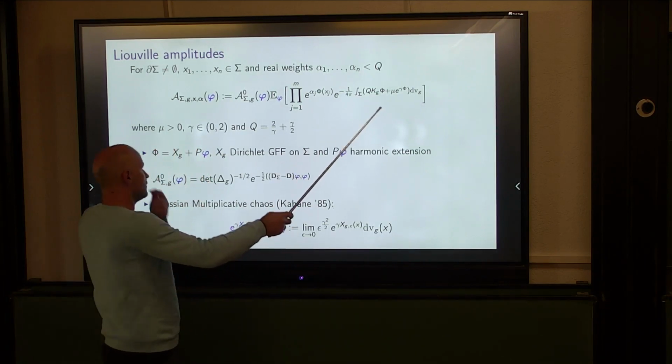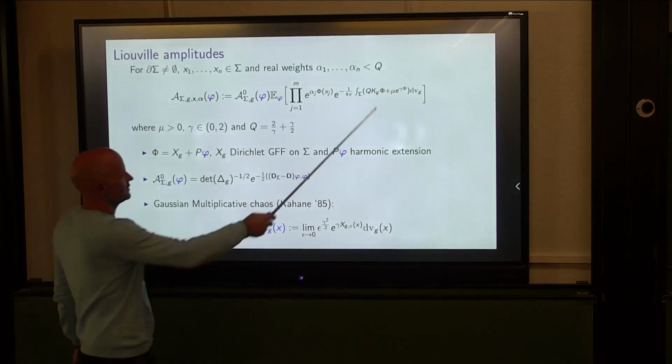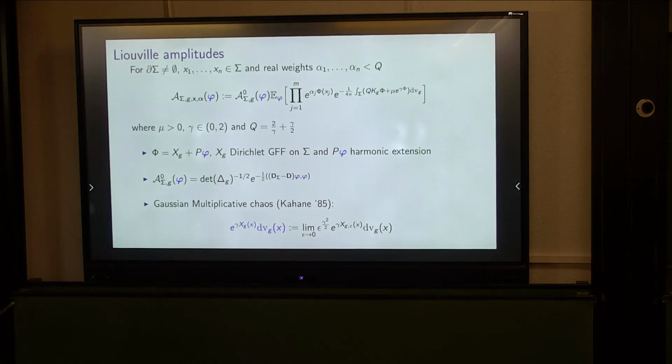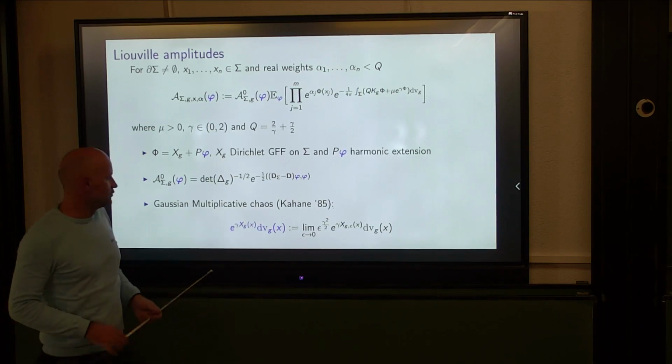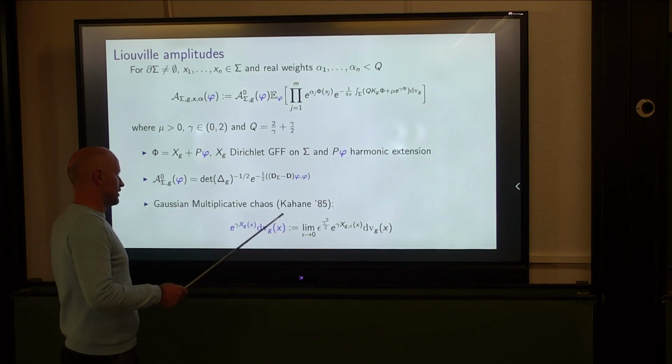What's not completely straightforward in this expectation is the exponential of gamma phi, because the GFF is not a well-defined function, it's a bit wild. So if you want to exponentiate it, you have to work a bit. This was mostly done by Kahane.